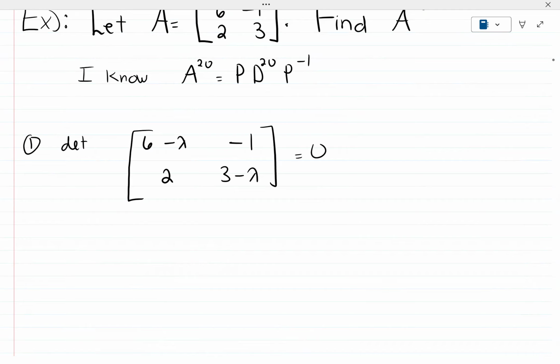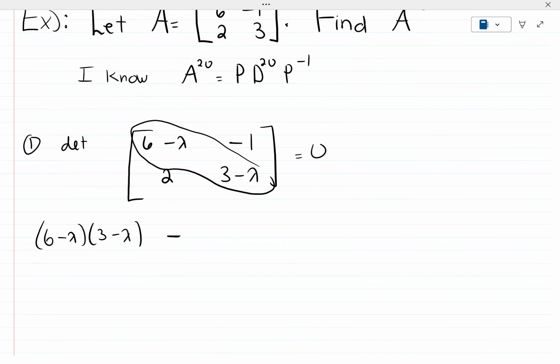And then find the determinant of this 2 by 2 matrix. It's easy for a 2 by 2: you just multiply the major diagonal minus the minor diagonal. So it's really 6 minus lambda times 3 minus lambda, minus the bracket 2 times -1.